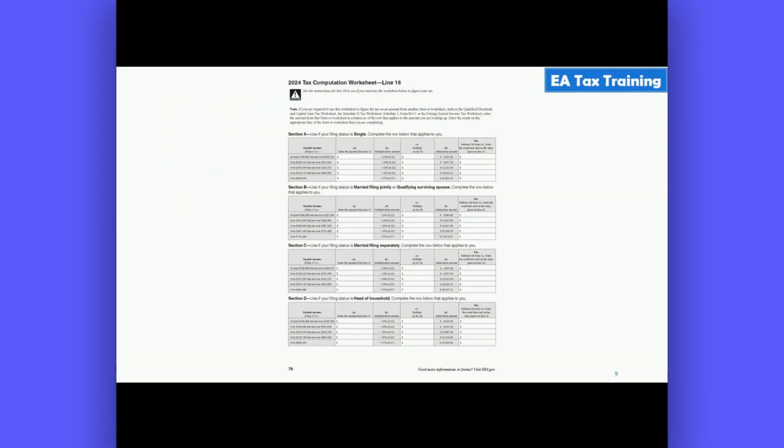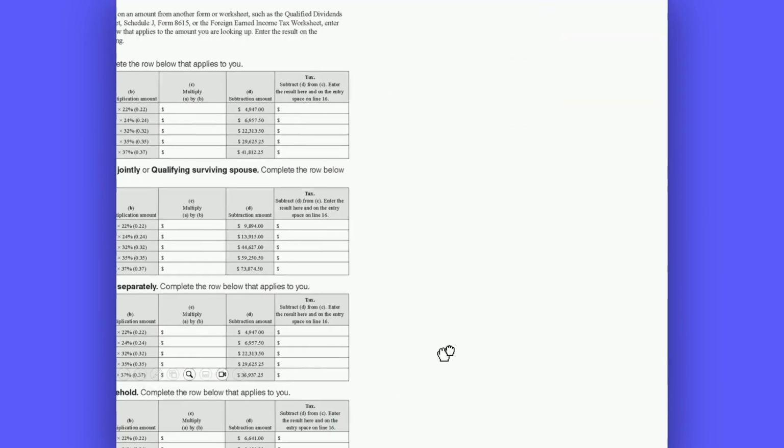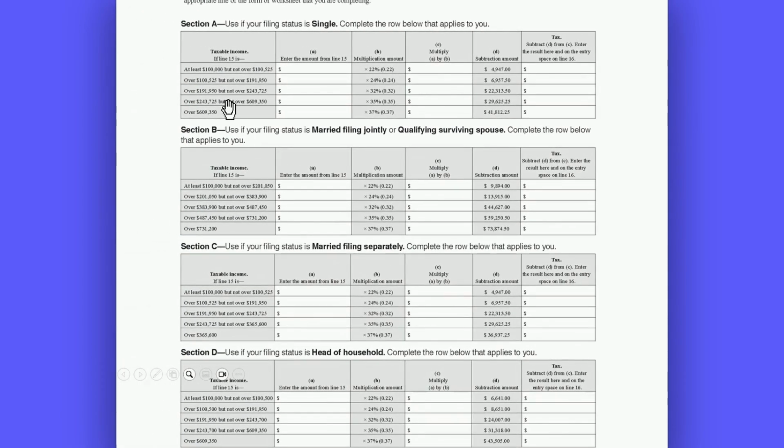So if we go back to the tax rate schedule, we can see we have a single taxpayer. They've got between the 100,525 and the 191,950 times 24% minus that $6,957.50.